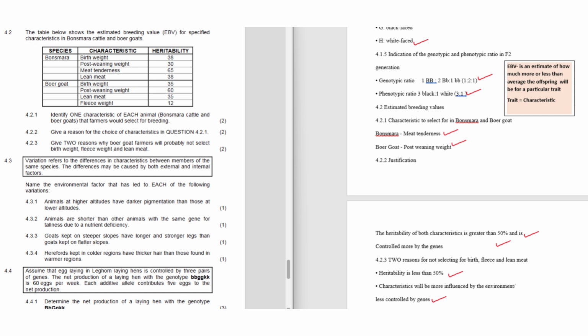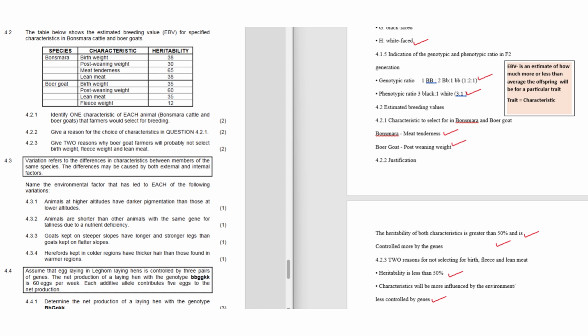Then for the Boer goat, we're also going to choose one characteristic with high heritability on all characteristics. For Bonsmara, the characteristic that has high heritability is mid-tenderness with 65. And for Boer goats, the one with high heritability is post-weaning rate with 60%.